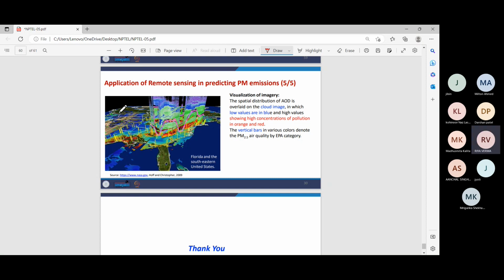And these vertical bars show the PM 2.5 air quality by EPA category, the green, yellow, and different kinds of bars given here.